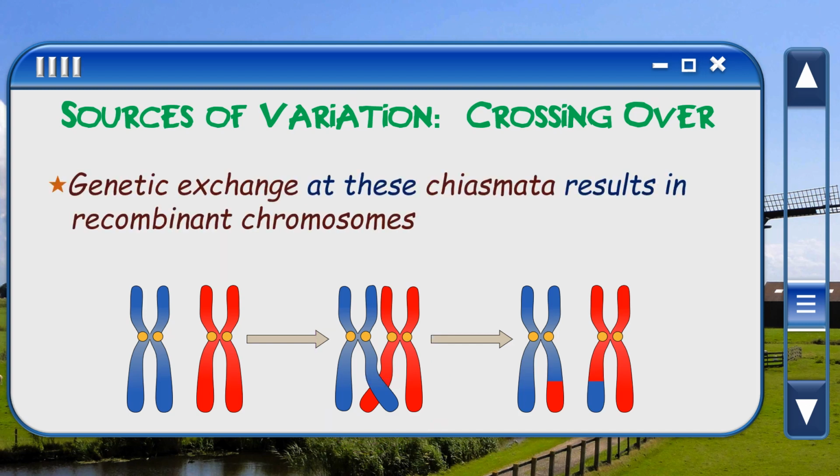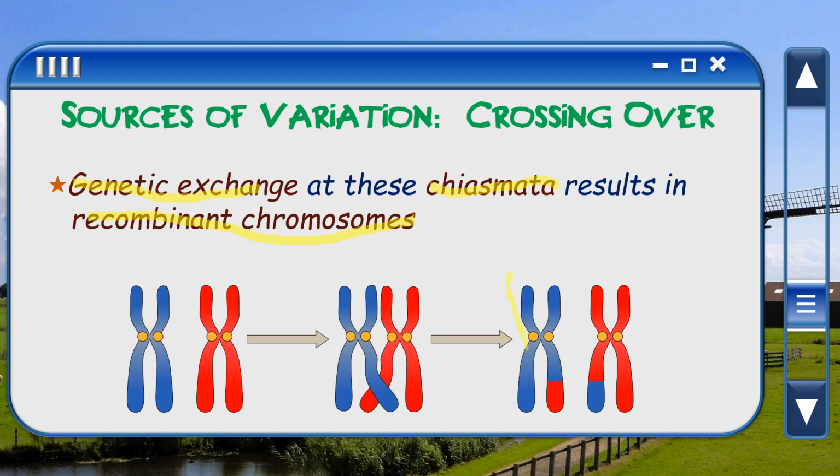Genetic exchange at the chiasmata results in a recombinant chromosome. So we have the chiasmata, and they are going to exchange.